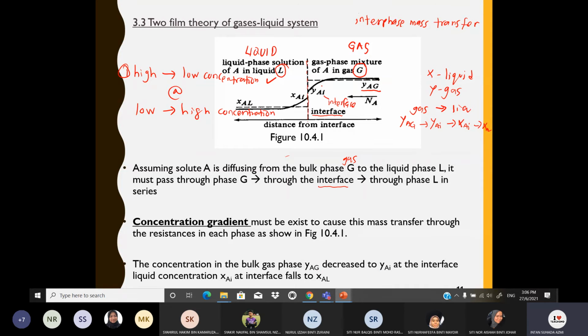At the interface, the liquid concentration XAI falls to XAL. Basically, from YAG it moves to the interface of the gas, then the interface of the liquid, then into the liquid.